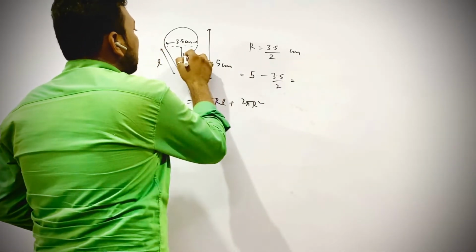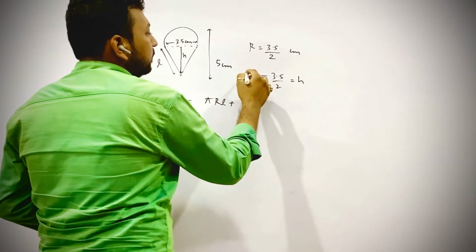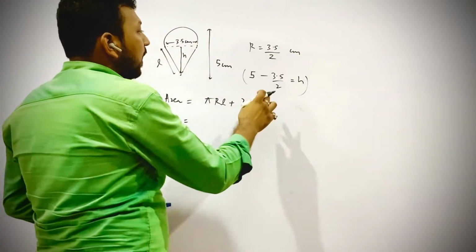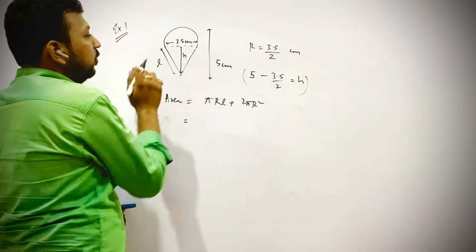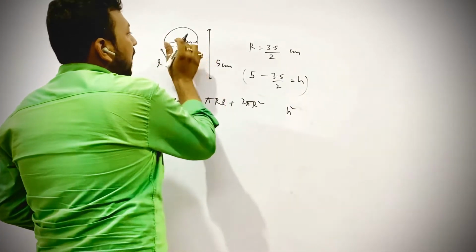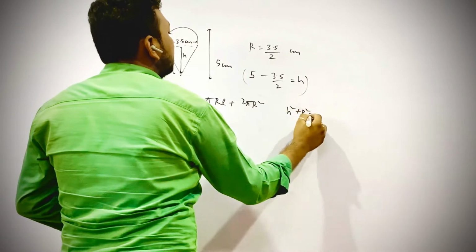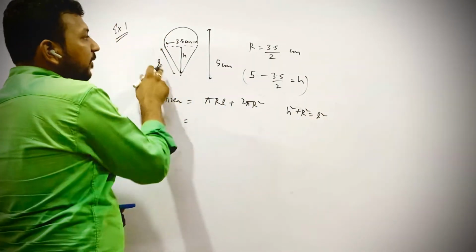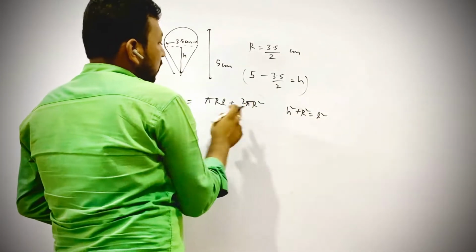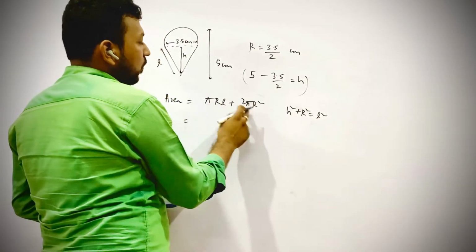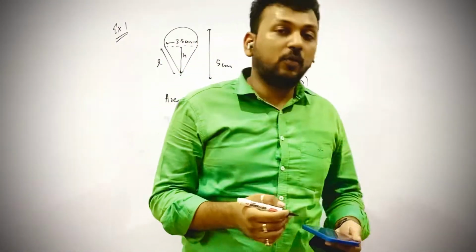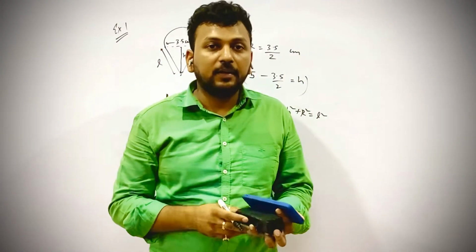So this is the small height h. Now from here, if you use the Pythagoras theorem, we know h square plus r square is equal to L square. We know h and r. So we know L, we know r. We can calculate the area, right? I'm not doing the calculation, but I hope this much you can do at least, right? Calculations.